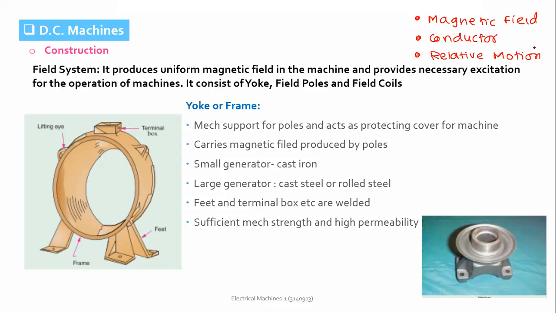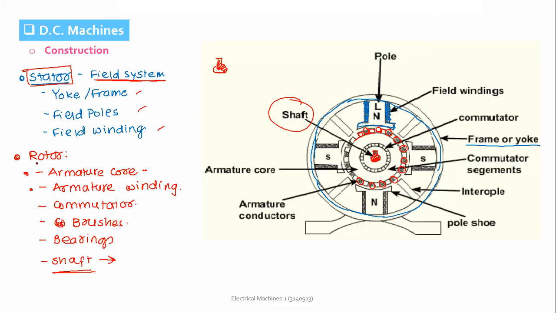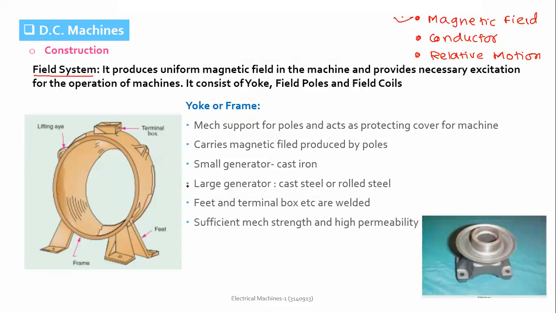The magnetic field is developed by this field system of the stator. The conductor which will cut the magnetic field will be part of the rotor, this armature. Relative motion will be provided by rotation of the shaft. So the conductor will rotate when the shaft rotates, and it will cut the magnetic field. That is how the EMF will be induced.